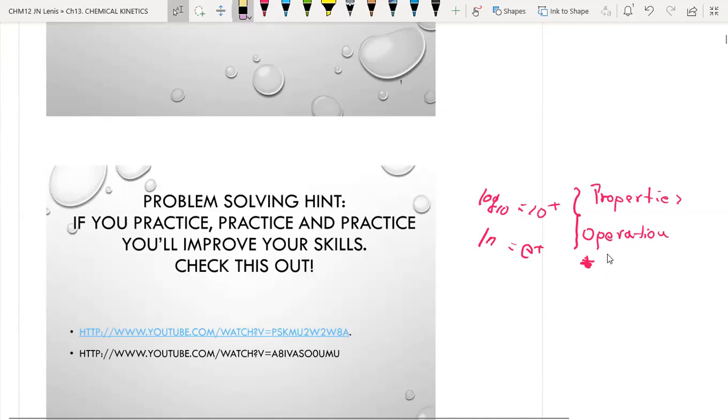So I'm going to write everything. Plus and subtraction, multiplication and division. This is for operations. That's it. You don't need more operations there. How to operate with logs.